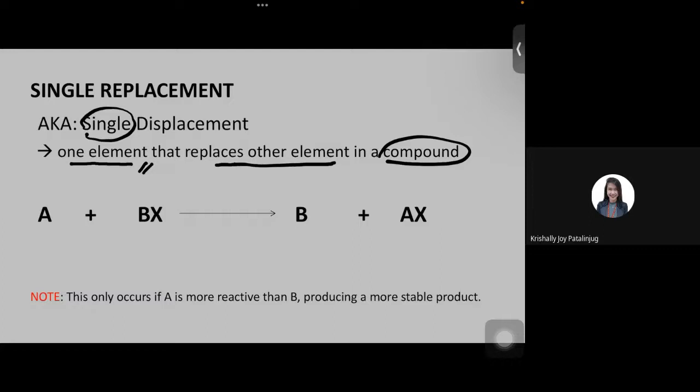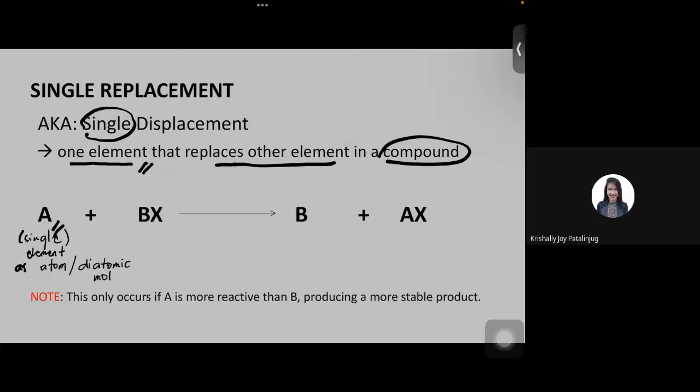So let's say, for example, in the given general formula, you have a single element A. Again, this may occur as an atom. Pwede siya an atom, meaning single atom, or pwede din naman siya, diba, diatomic molecule.